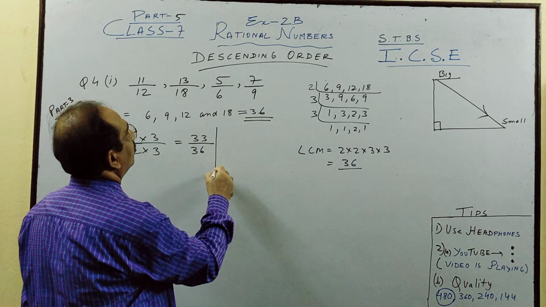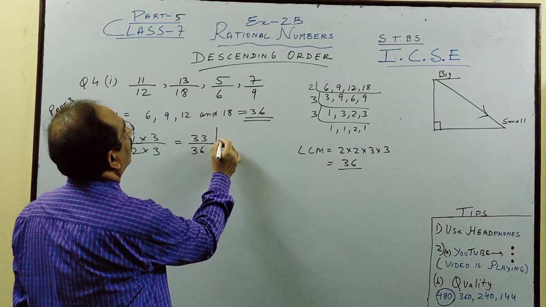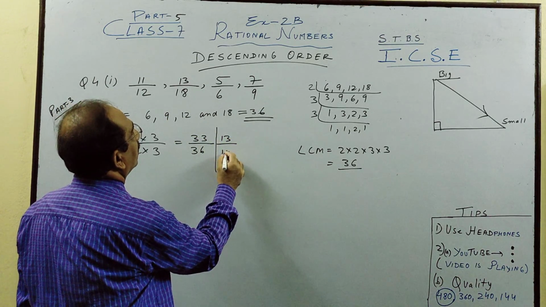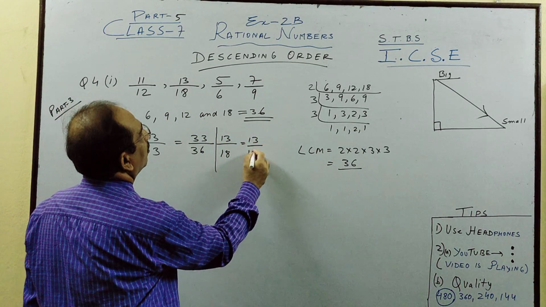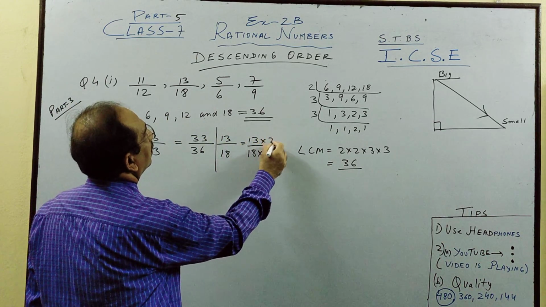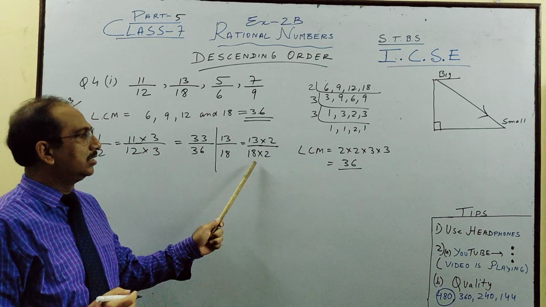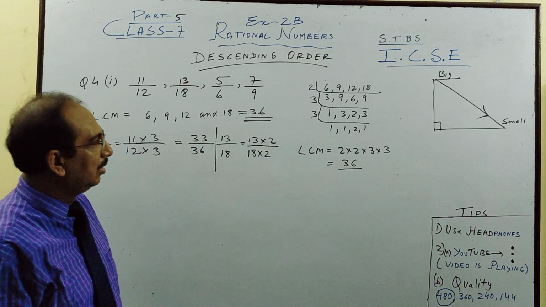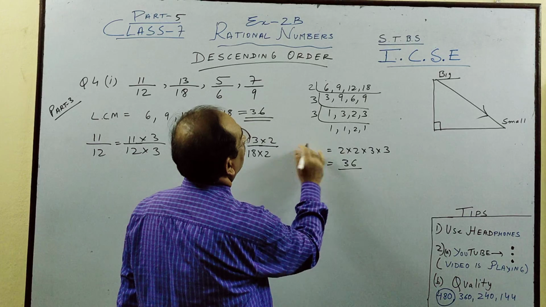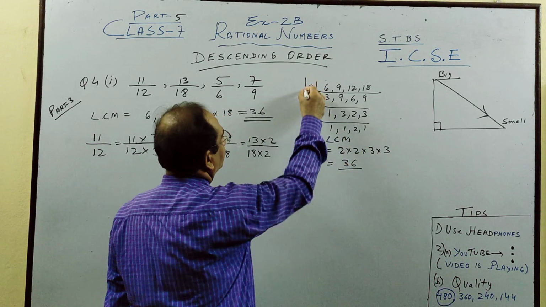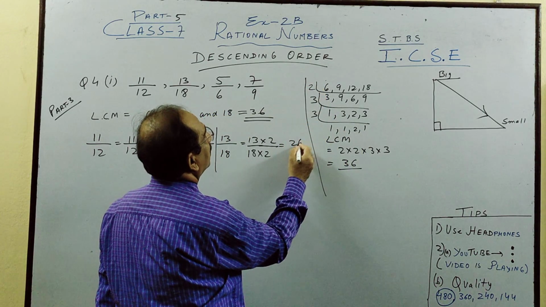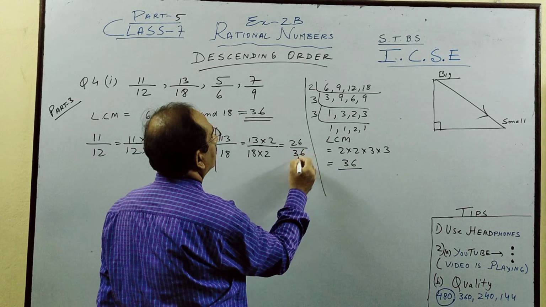Next we have 13 by 18. So what will you multiply 18 by so that it becomes 36? 2s are. Okay, so what we get here is 26 by 36.